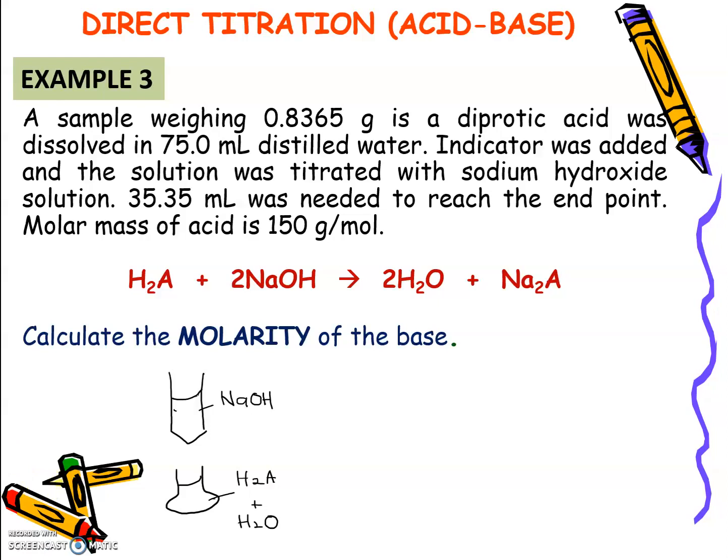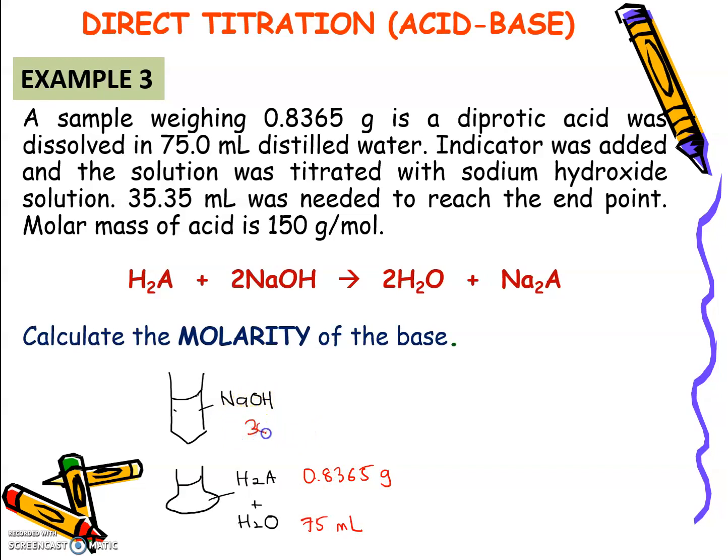Okay, so the situation of the question is a sample of diprotic acid, 0.8365 gram, was dissolved in 75 ml distilled water. Okay, so the solution now is in a conical flask. Okay, and then indicator was added, and titrated with sodium hydroxide solution.